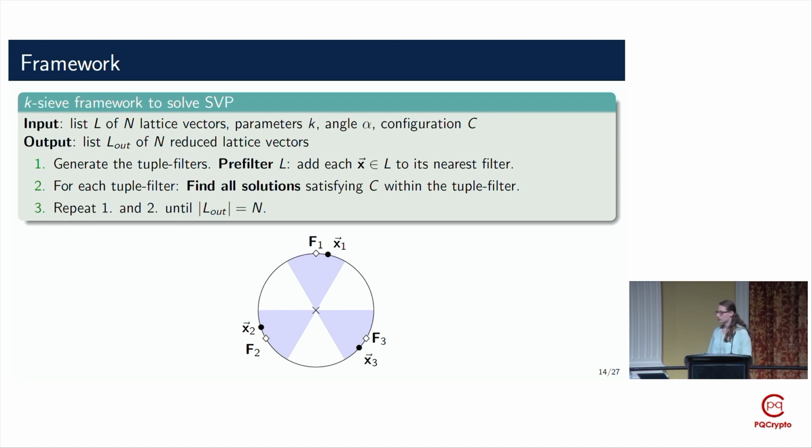We start by constructing the filters. Then we add each vector to its nearest filters. And then for each tuple of filters, so for each f1, f2, f3, up to fk, we want to find all the solutions within this tuple of filters satisfying a certain configuration C. Then we repeat these 2 steps until we have found all the n solutions we need to achieve the sieve step.